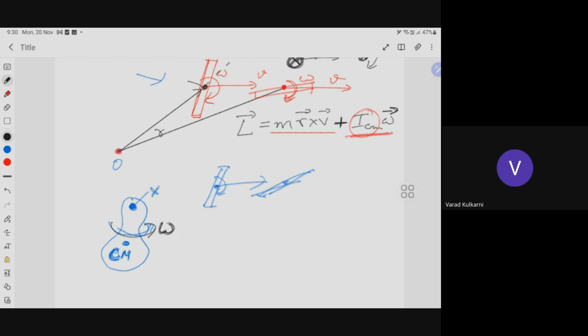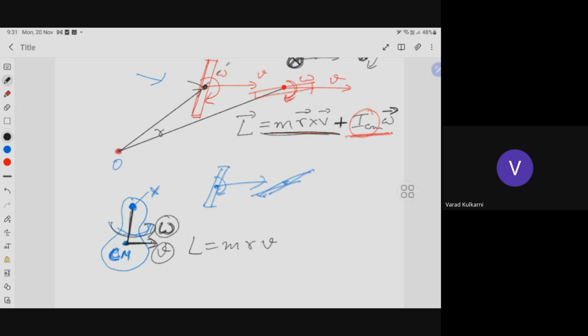One is the old way of doing it. I'll find out the velocity using my omega into r, and my formula is L equals m r into v, which you will find out using your omega, which will be omega r.